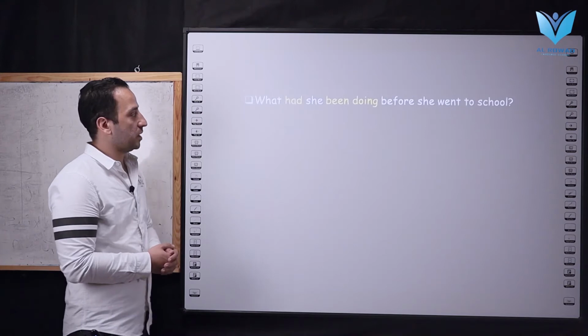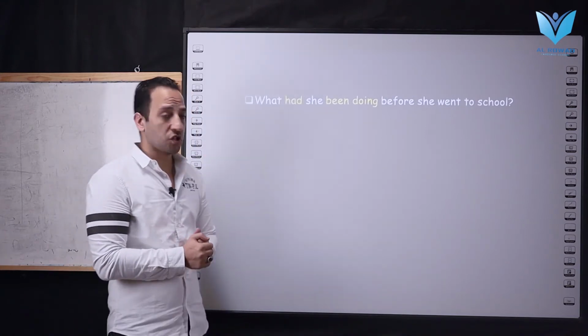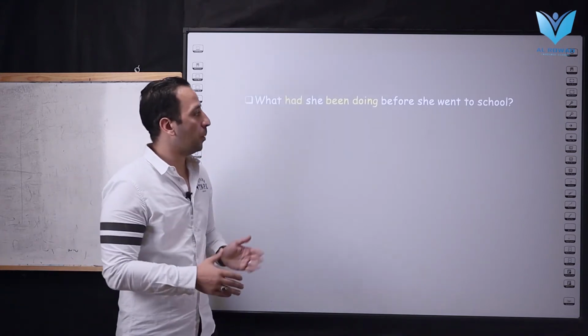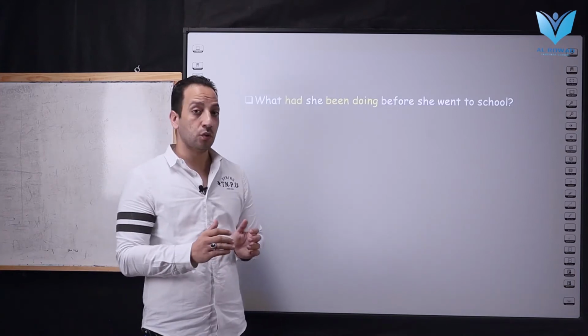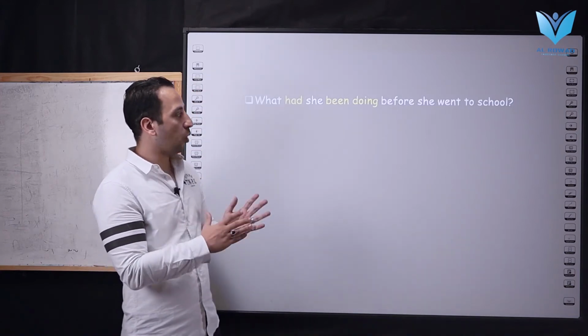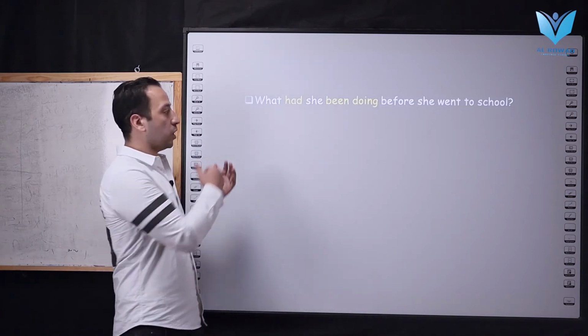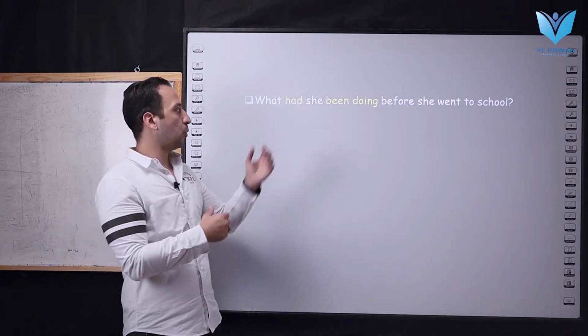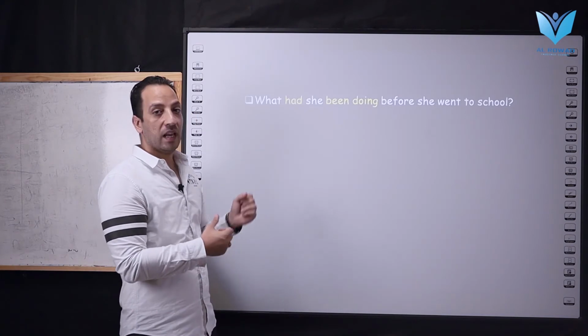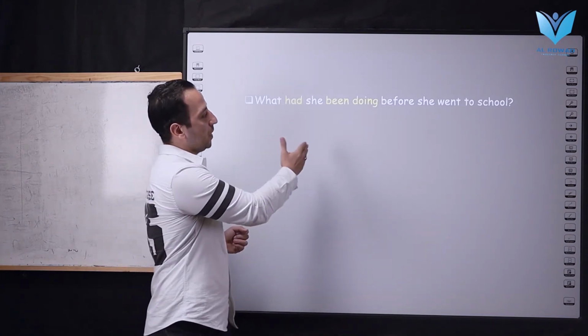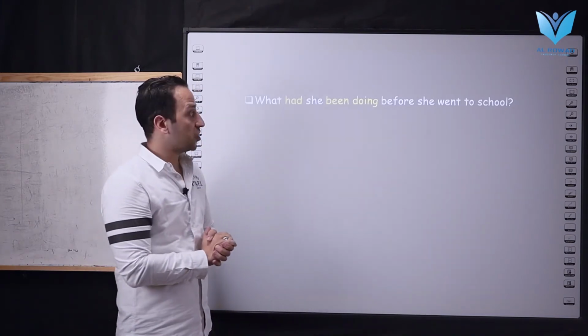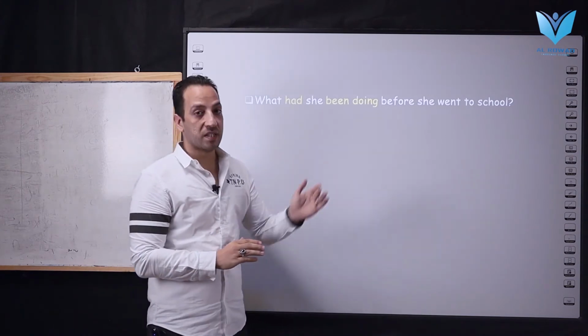And WH question. Look at this question. What had she been doing before she went to school? I started with what? With a question word. What. After that, I put the helping verb had. And after that, the subject, then been plus verb plus ing.